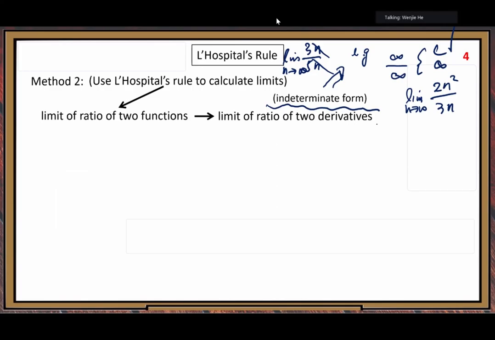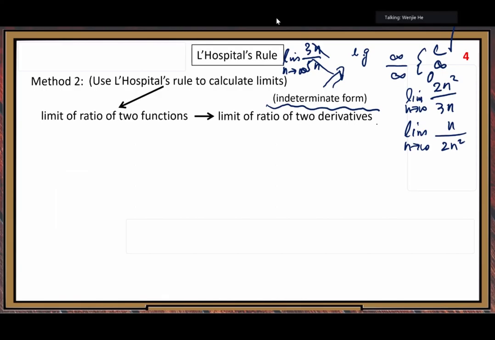After cancellation, it's infinity. And it could be 0. Look at n over 2n squared. Could be 0. So any of the three cases could happen.